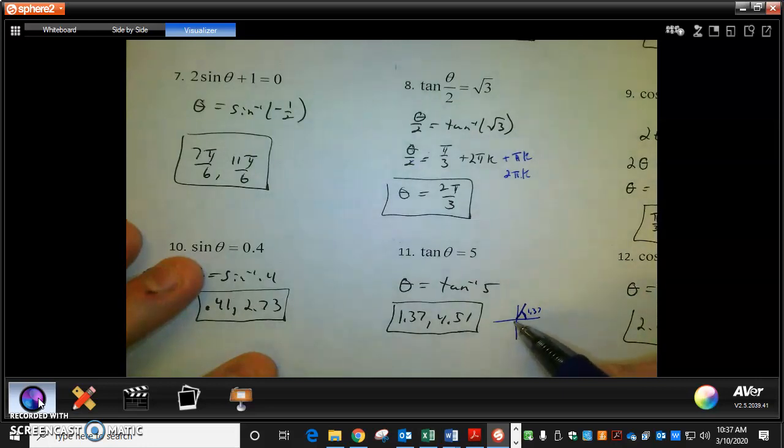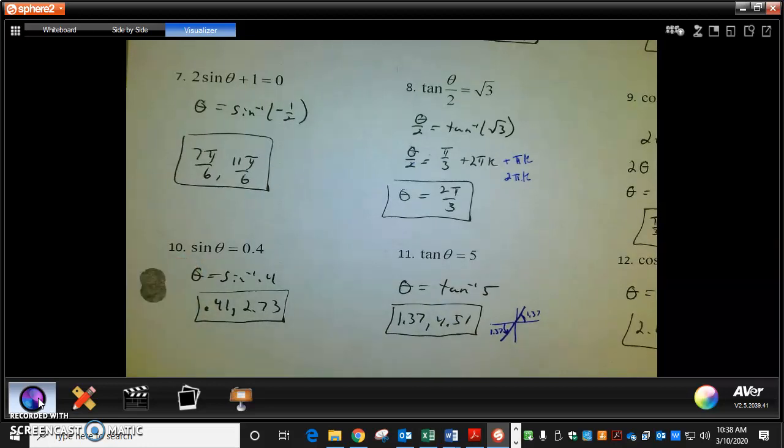But there's another angle over here in quadrant 3 where tangent's also positive that's also going to have a tangent value of 5. That would still have that same 1.37 reference angle, but it's 1.37 away from pi, 3.14. And so I took 3.14 and 1.37 and added them together, and I got 4.51.